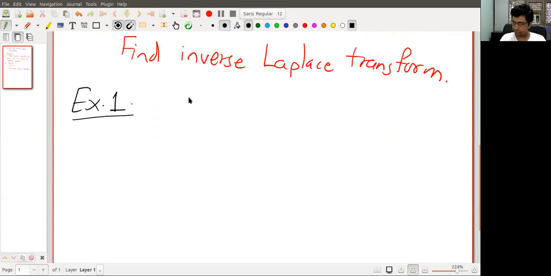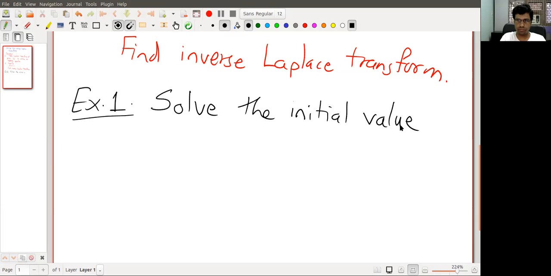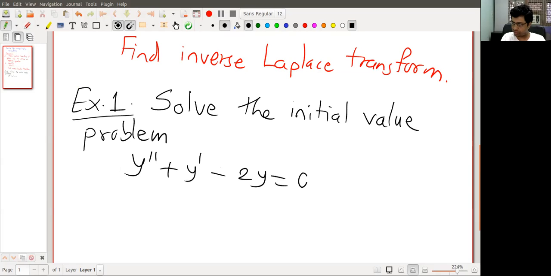Example 1. Solve the initial value problem. Initial value problem is a differential equation with given initial conditions. y double dash plus y dash minus 2y equal to 0, y of 0 equal to 1, y dash 0 equal to 3.